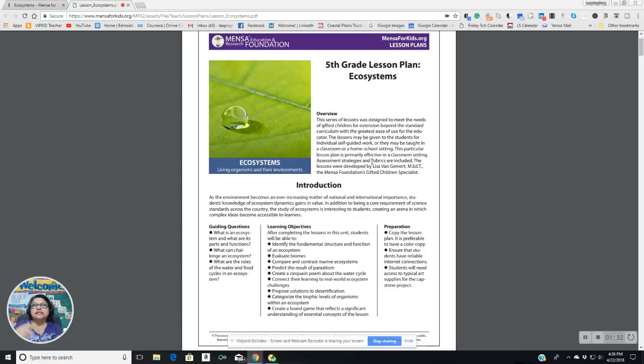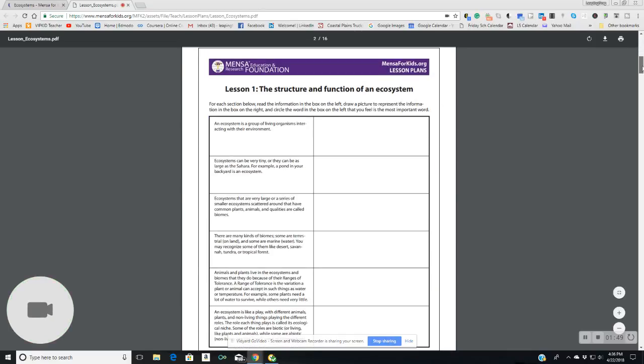So even though it states fifth grade, you can change it a little bit. If you're with younger children, you can do certain things, and if you're with older children, you can be more detailed. It does give you an introduction, which I found useful.